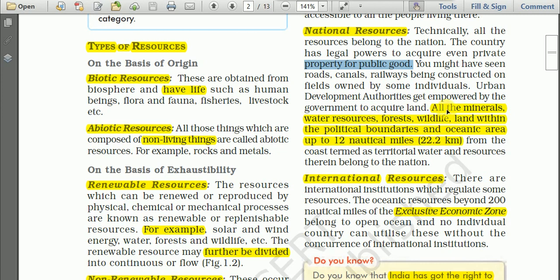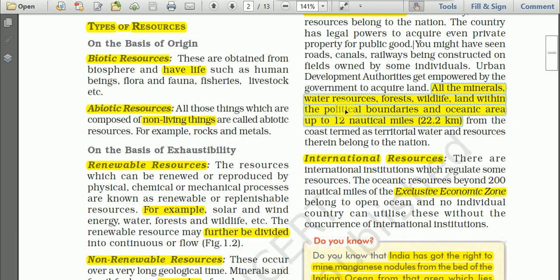And see the examples of national resources: all the minerals, water resources like rivers, lakes, forests, wildlife, land within the political boundaries, and the oceanic area up to 12 nautical miles from the coast, termed as territorial water, and resources therein belong to the nation. So these are the examples of national resources.